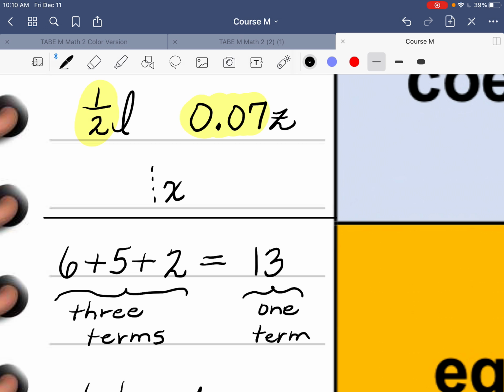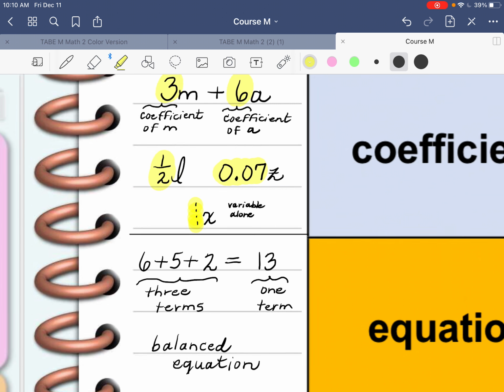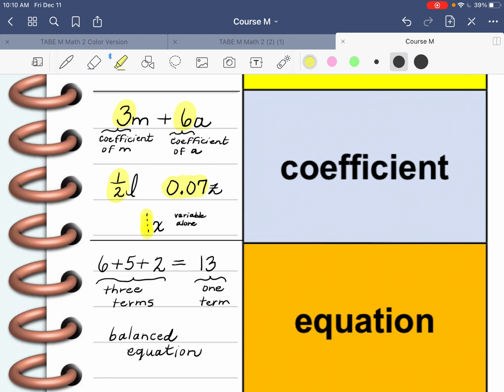So if you have a letter by itself, a variable alone, you don't see the coefficient, but it's there. It's a 1. So you can put it in there if you need to. That's perfectly fine. And you will hear me talk a lot about the ghost one as we move through these lessons.